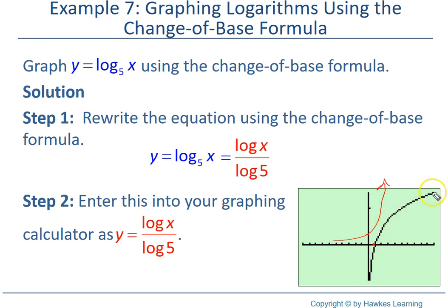Logarithmic graphs look like this. Now they're not mentioning it here, but on this end, as it gets closer and closer to the y-axis, we get what is called a vertical asymptote, which is the y-axis. So again, there's lots of stuff they're not showing us here, and we'll take it as needed, but this is just some background work here.